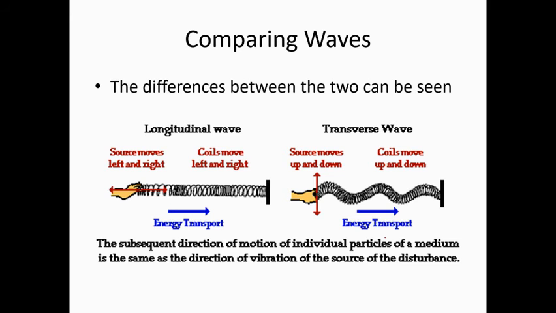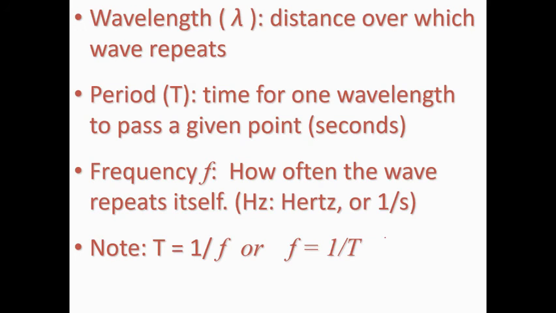Here is a diagram of the difference between a longitudinal wave and a transverse wave. In a longitudinal wave, you have compression and rarefaction. Compression is where everything is close. Rarefaction is where everything gets farther apart. The energy transport is in the same direction as the disturbance, whereas for a transverse wave, the energy transport is perpendicular to the disturbance.